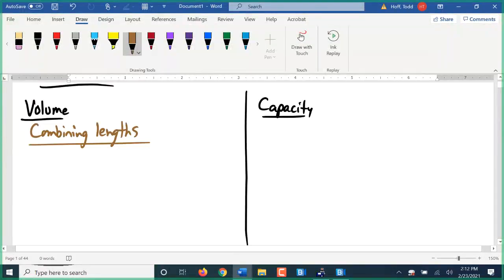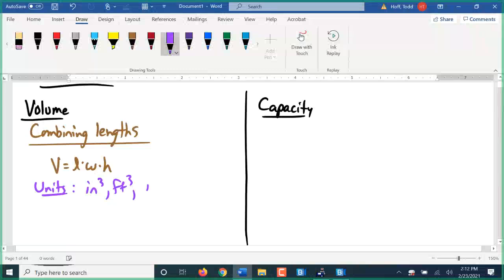A volume for a box is length times width times height. 3 length units combined. All volumes are some combination of 3 length units. So the units used are just that: a length unit cubed, like inches cubed, or feet cubed, or meters cubed, or centimeters cubed, or whatever length unit we are using to measure those lengths.